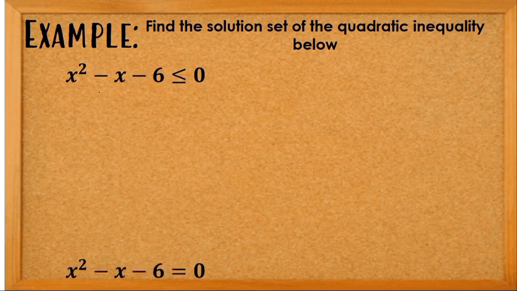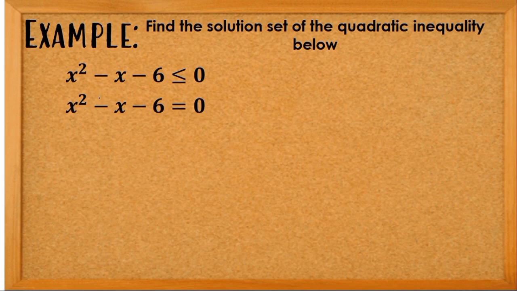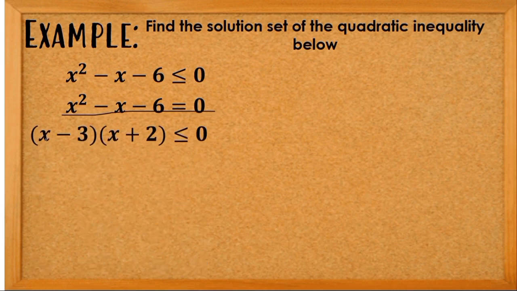Change it first to a quadratic equation. So therefore, we can find the critical points. This quadratic equation is factorable, and it can be factored as (x minus 3) times (x plus 2) equals 0.